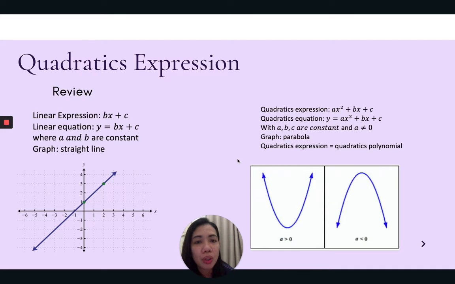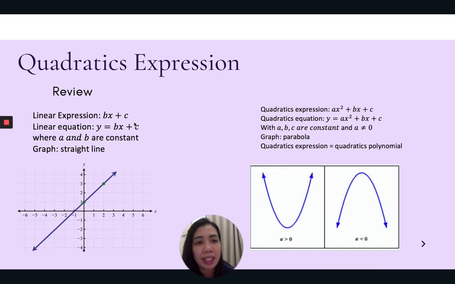Okay, now about a quadratic expression. What is a quadratic expression? Here you can see the standard form of a quadratic expression, which is ax squared plus bx plus c. It is simply adding ax squared to the linear expression.